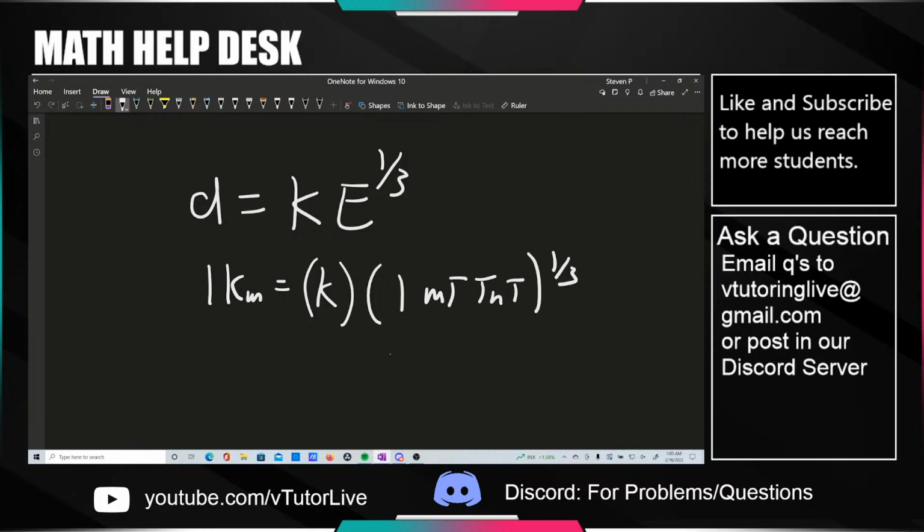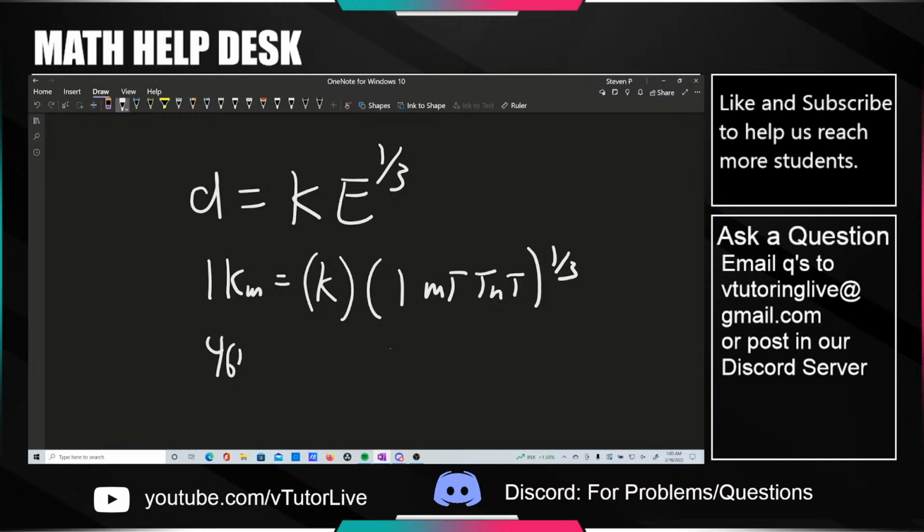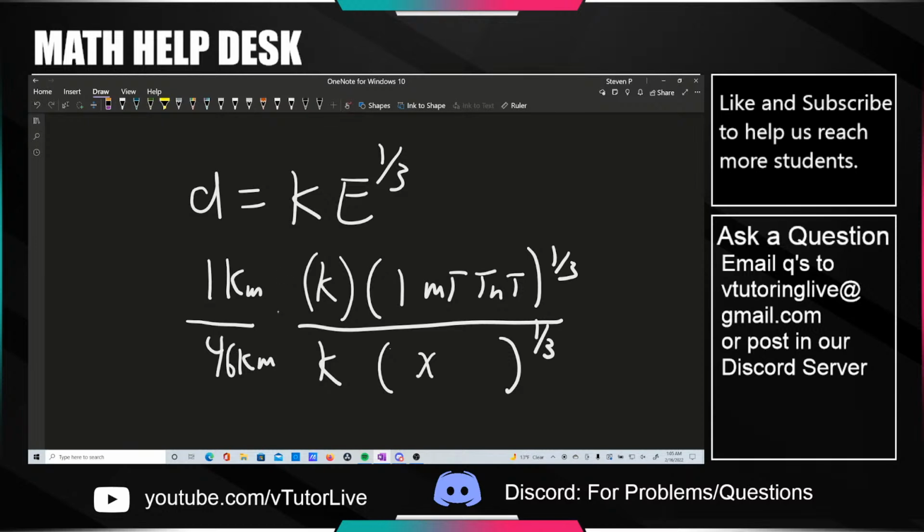Diameter is proportional to the energy raised to the 1/3, so 46 kilometers is equal to k times, let's call it x, to the 1/3. You can divide top and bottom, treating this as a ratio. So 1 km over 46 km is equal to, the k's cancel out, 1 to the 1/3 over x to the 1/3. So basically just solve for x.